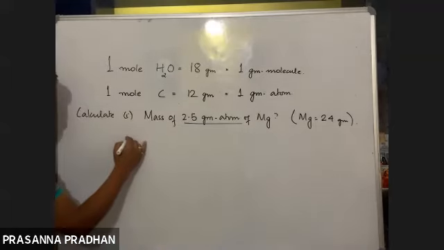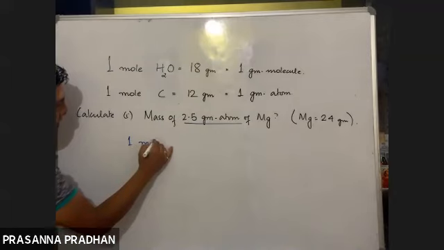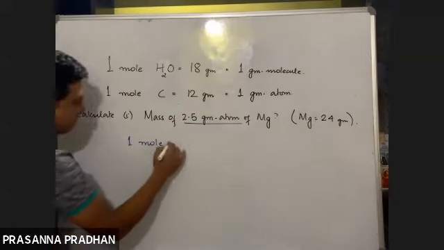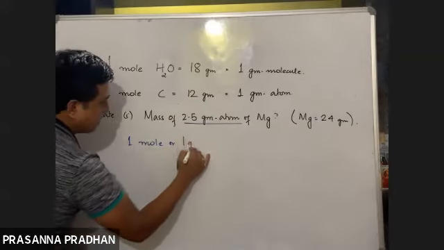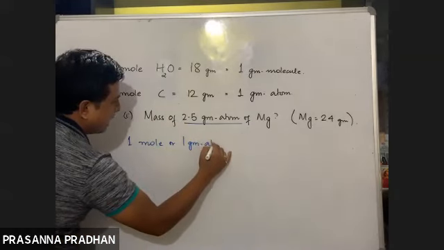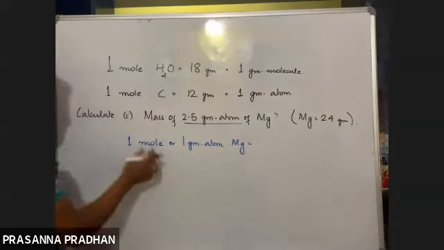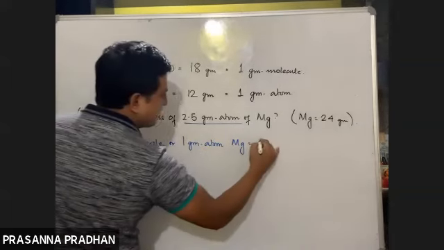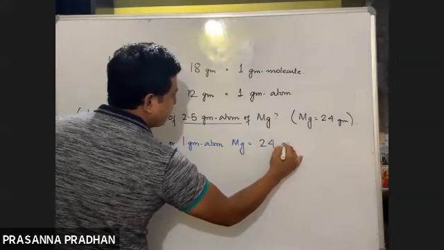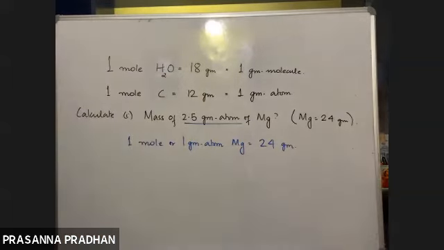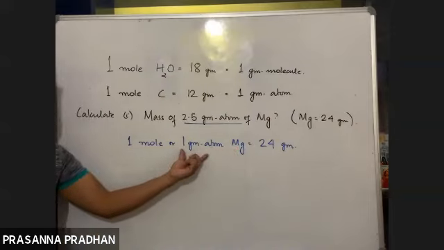Okay. So we know 1 mole, or I can write, if it is an atom, 1 gram atom of magnesium is equal, in terms of mass, to its atomic mass, 24 gram. So 1 mole of atom is also known as 1 gram atom.